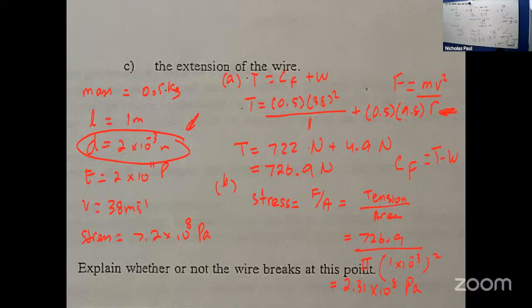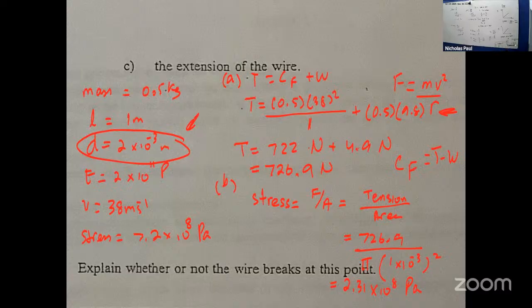You find it, you've got it already. Now we get the extension. Last part and we're done. Look at what we have here, that's really easy. We just found the stress and we have Young's modulus.